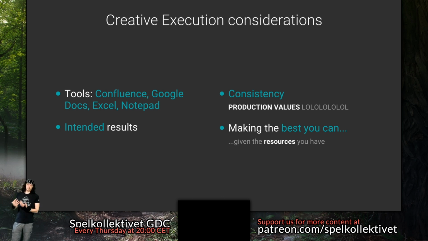This is usually one of the biggest challenges in game development. For example, in Disco Elysium, one of the biggest challenges was to make the game consistent with its production values, because it had some that were very, very high level and some that were underdeveloped.